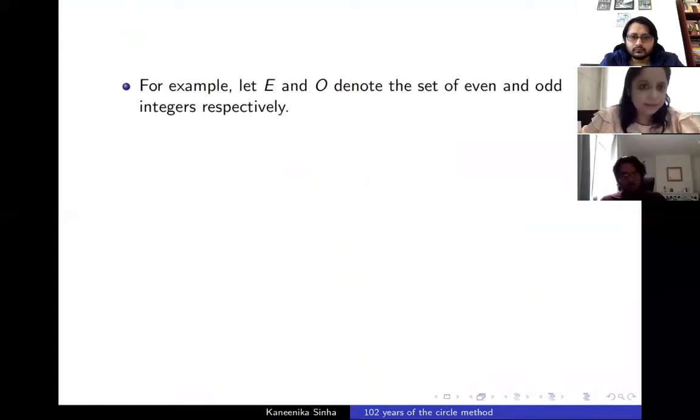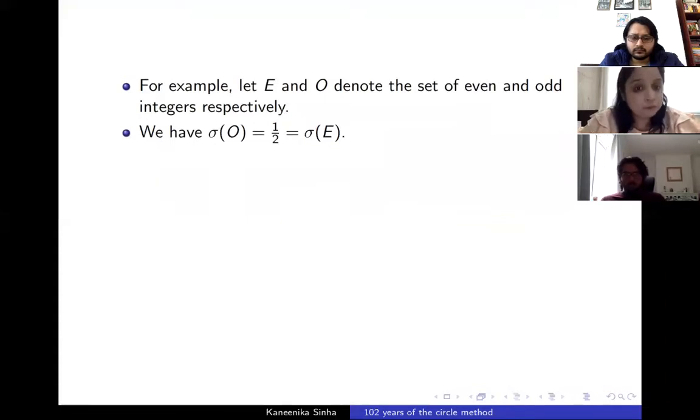So for example, let's take a very, very simple set E and O, which denote the set of even and odd numbers respectively. It won't take you very long to quickly see that the natural density of both of these sets is half.